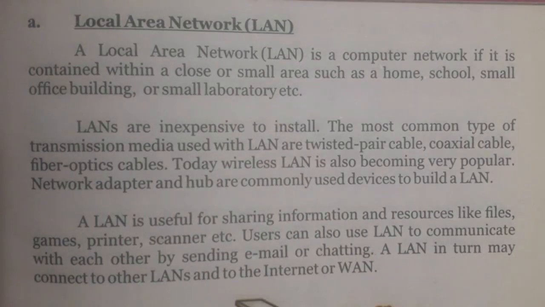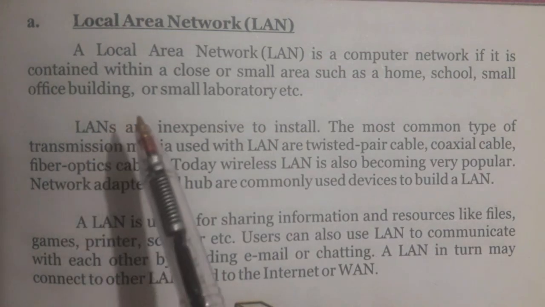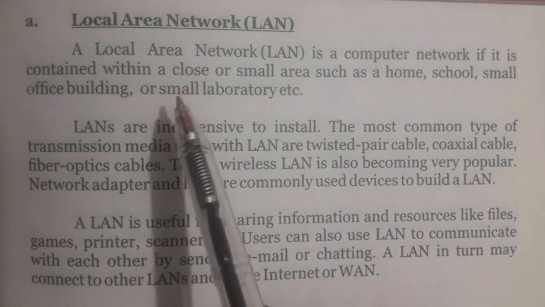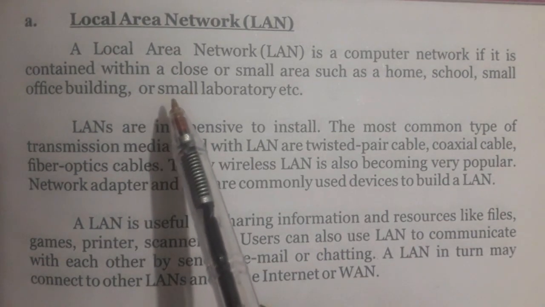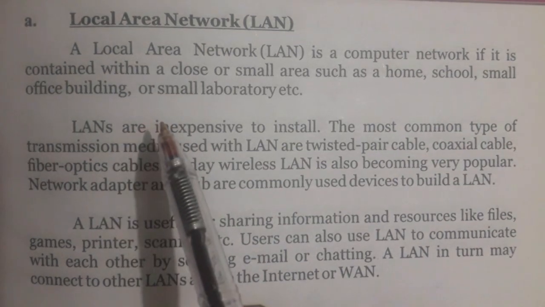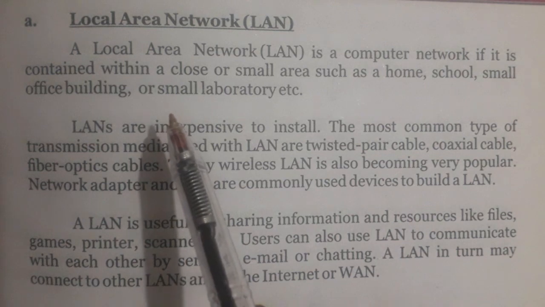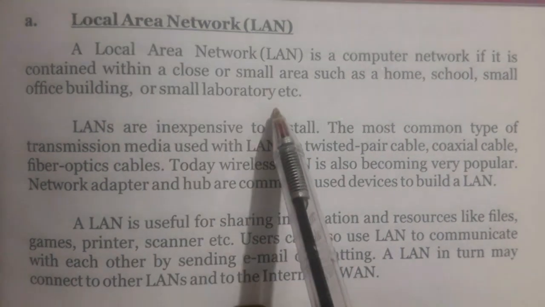LAN stands for Local Area Network. As its name indicates, a network which is within a small area like home, school, small office building, or small laboratory forms a local area network.